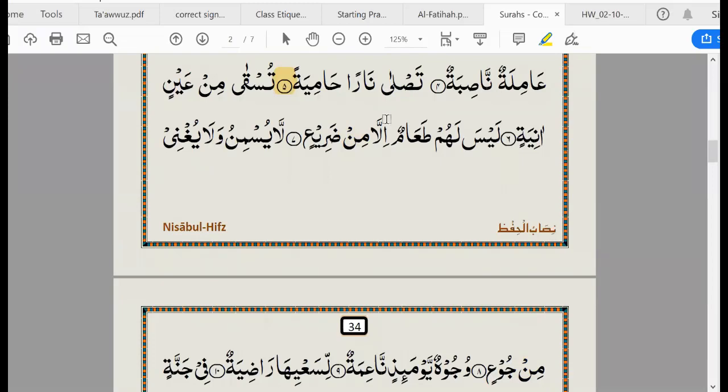A'udzu billahi minasyaitonir rajim. Bismillahirrahmanirrahim. Tusqa min aini aniyah.